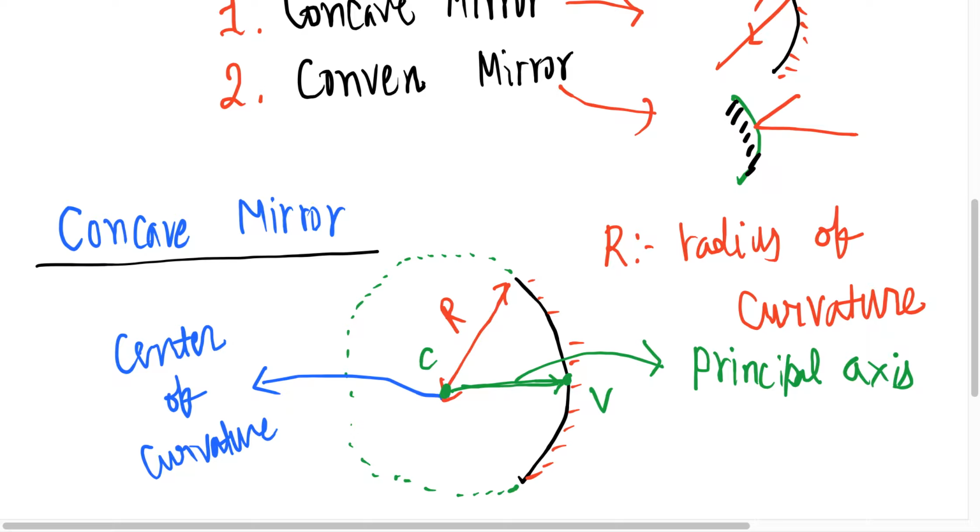So you have a mirror. This mirror has been obtained from a bigger sphere. The center of that sphere is called the center of curvature. The radius is called the radius of curvature, and this line from the center of curvature to the center of this spherical section is called the principal axis.